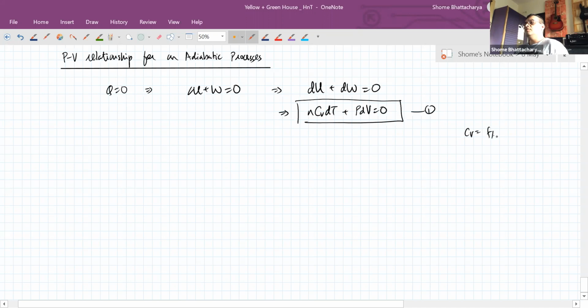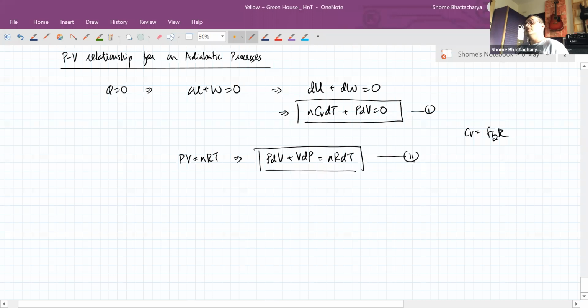Cv is of course f by 2 R. And PV is equal to nRT. That means P dV plus V dP is equal to nR dT. That becomes our second equation. So this is the ideal gas equation in differential form.